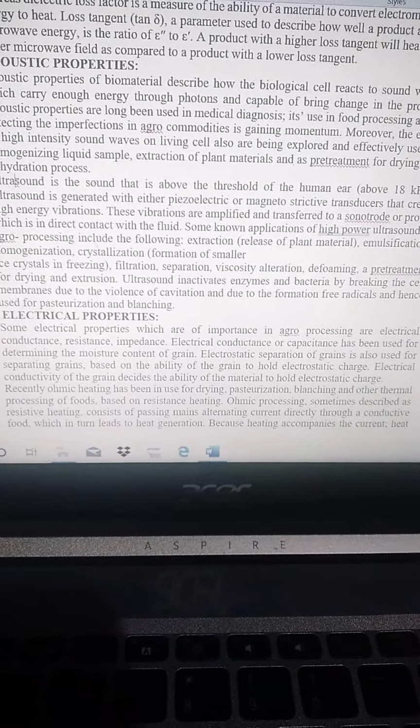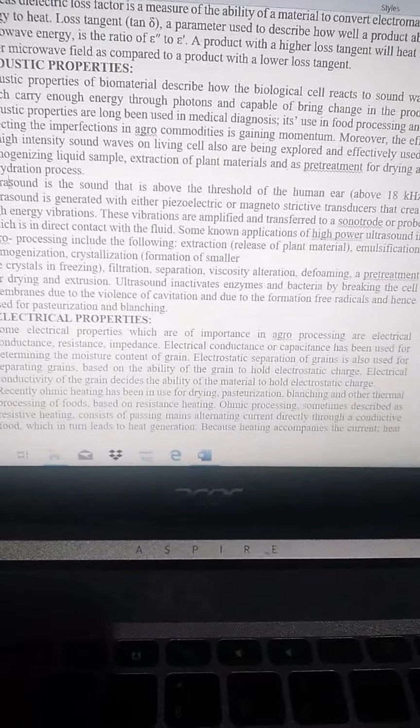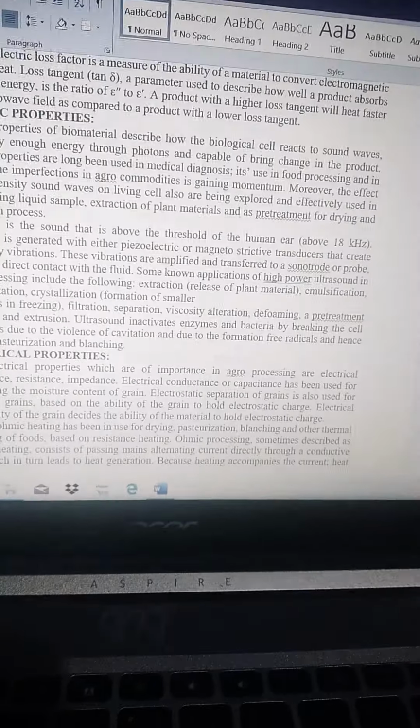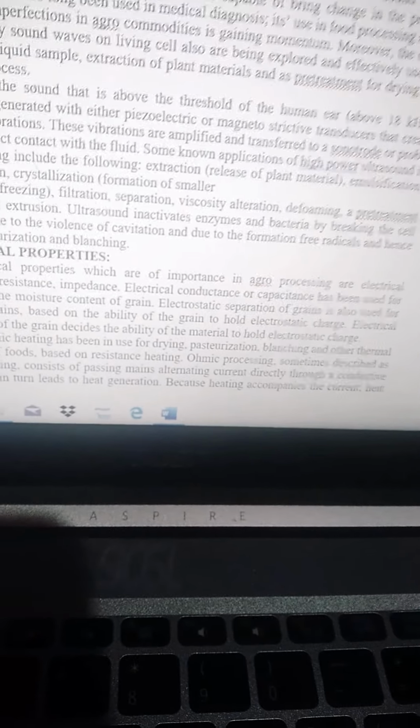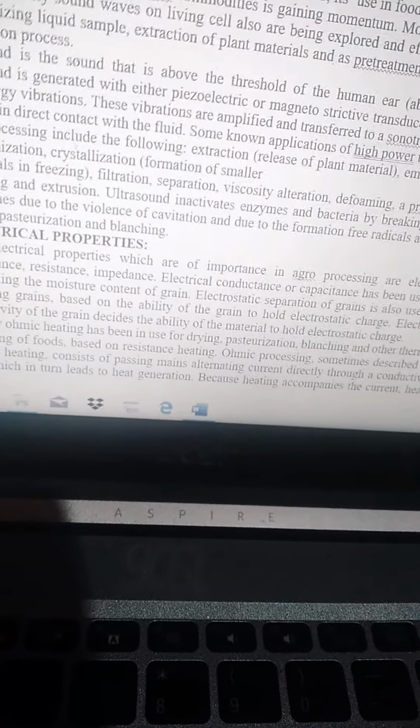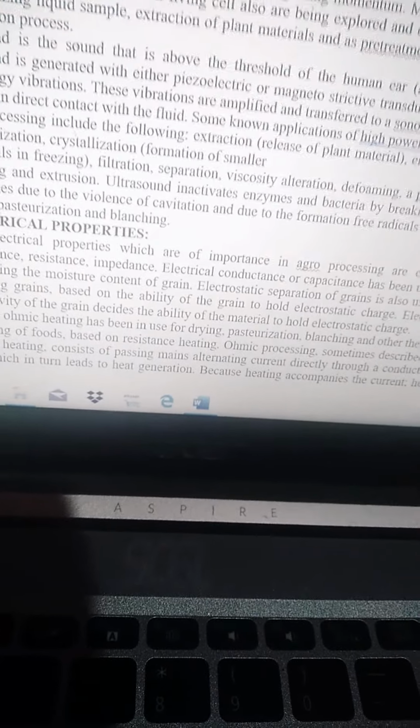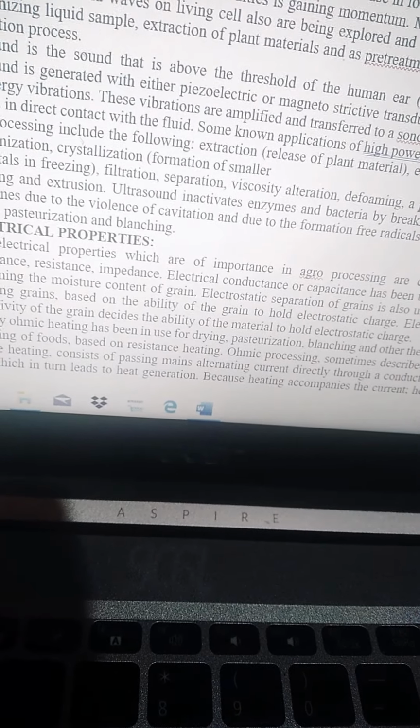So ultrasound is a sound wave with frequency higher than the upper audible limit of human hearing, greater than 20 kilohertz up to many gigahertz. Normally the frequency of sound we can hear is from 20 hertz to 20 kilohertz.